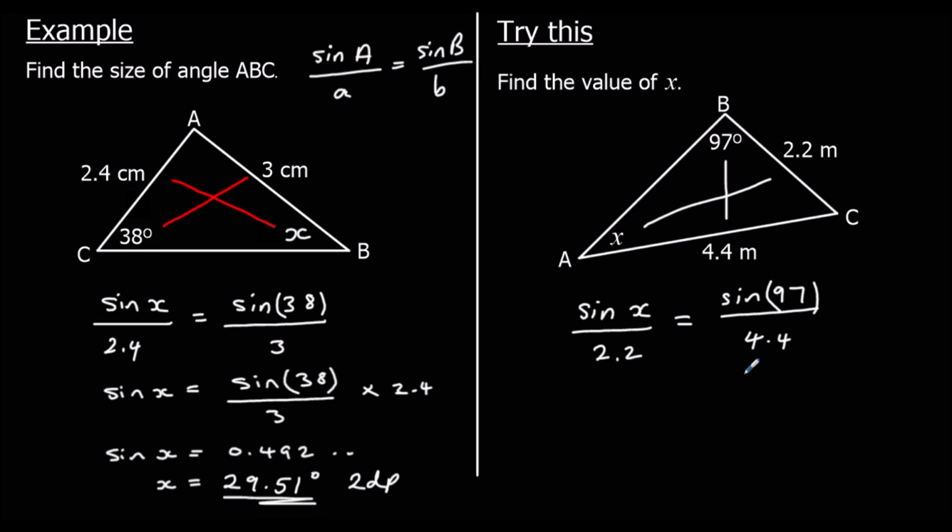To get sine x by itself, multiply both sides by 2.2. So sine x is going to be sine 97 over 4.4 times 2.2.